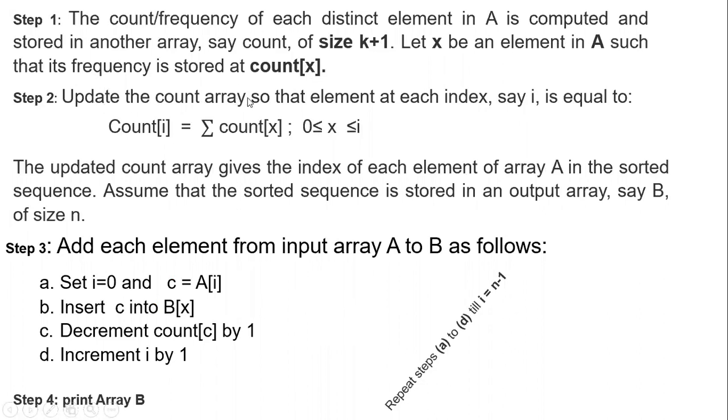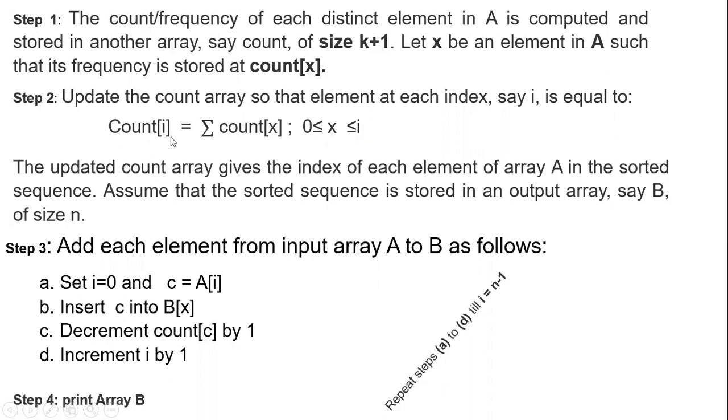Now on step 2, we update the count array so that the element at each index, say i, is equal to count of i equals the sum of count of x where x ranges from 0 to i.